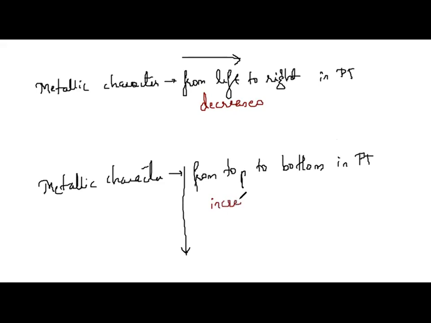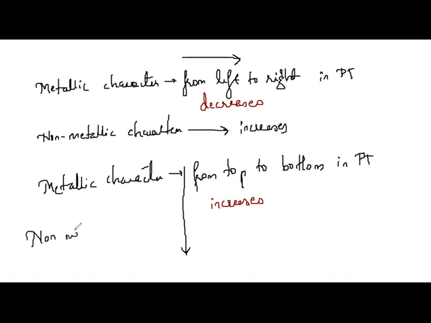It increases. And vice versa is for non-metallic character. What happens to the non-metallic character from left to right? It increases, because metallic character is decreasing. And from top to bottom, what happens? It decreases.